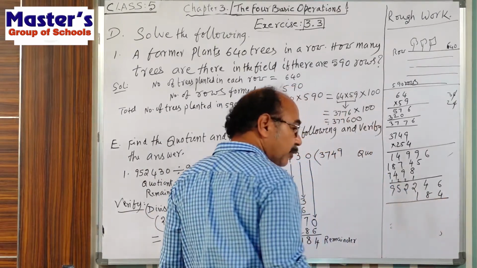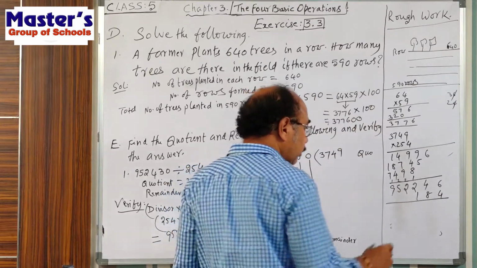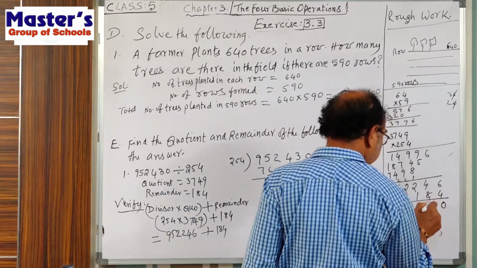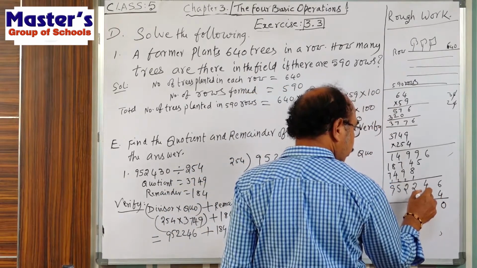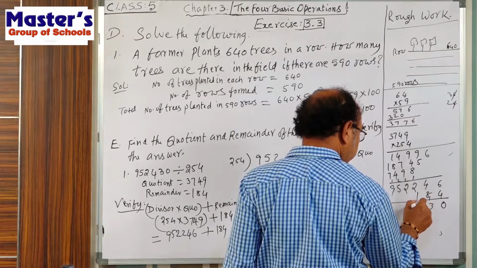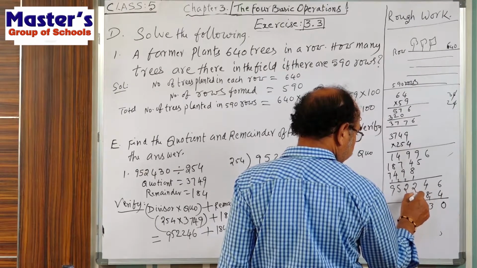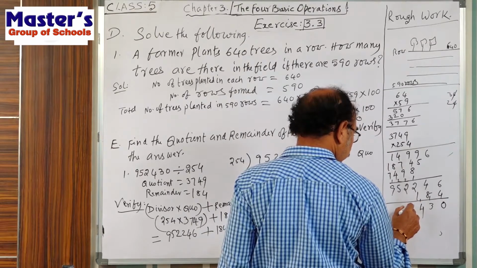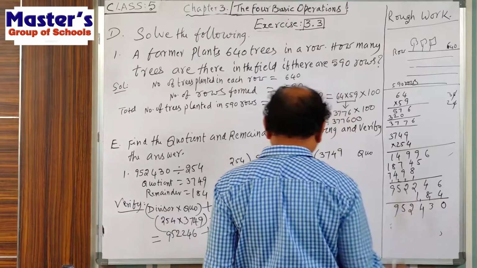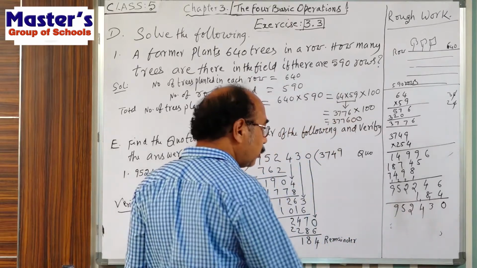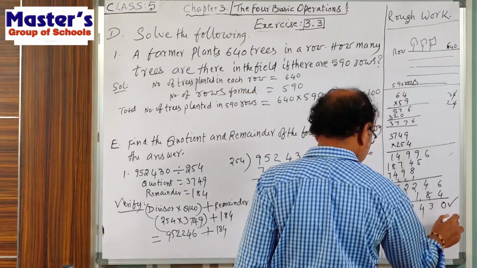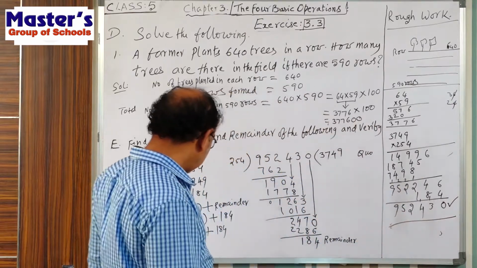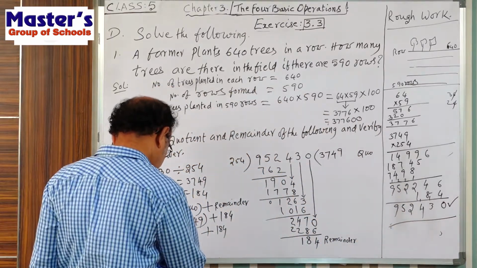Okay, then 6 plus 4 is 10, 0 and 1 is carried. 8 plus 4 is 12 plus 1 is 13, 3 and 1 is there. Okay, 2 plus 1 is 3 plus 1 is 4. Here 2, here 5, here 9. 952430. Right. Okay, children, this is verification.